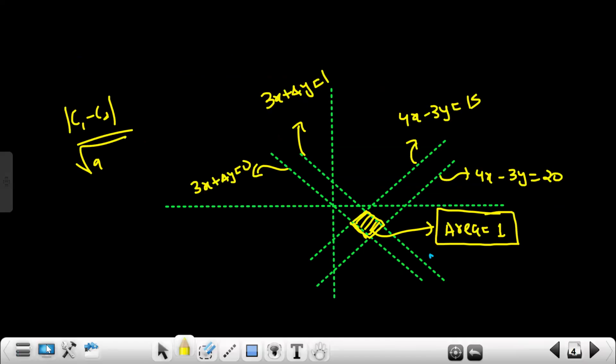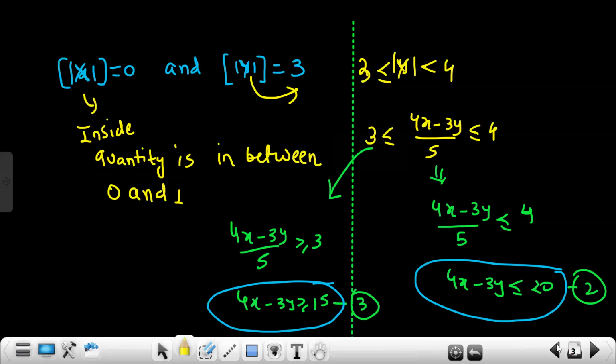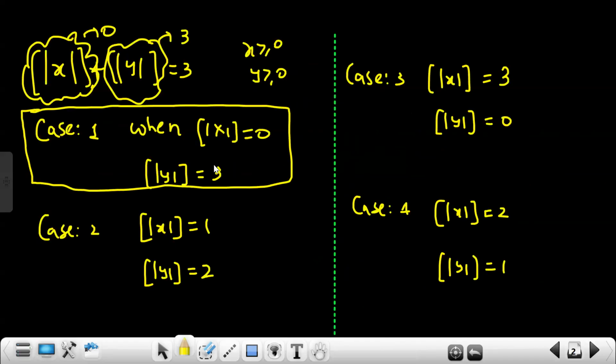That is what we have used here, for finding the distance between these two lines. For this distance, we will use these two lines, and for this distance, we will use these two lines. So you will find area as 1. This area comes under the first case.